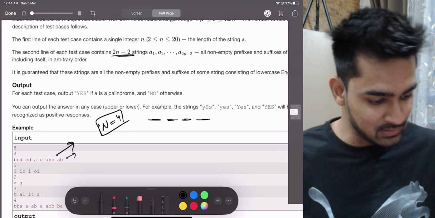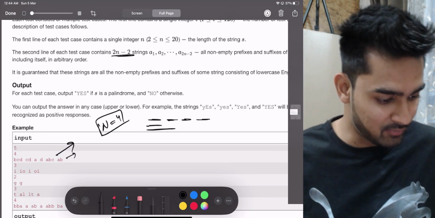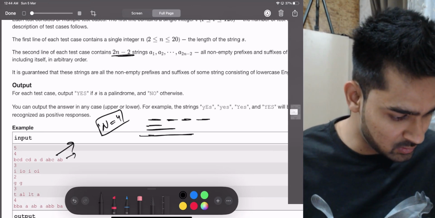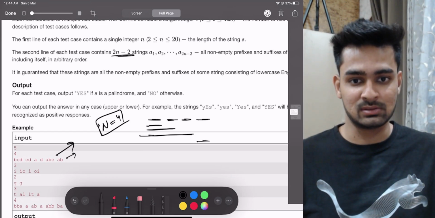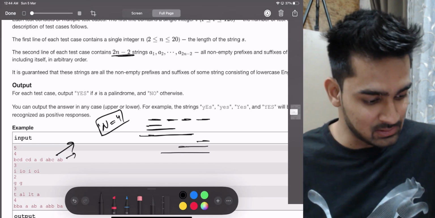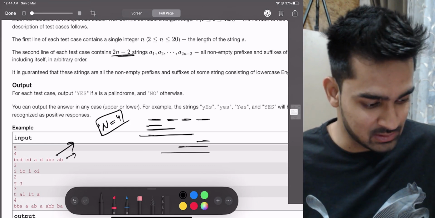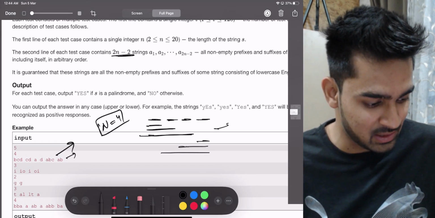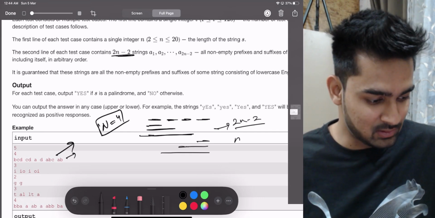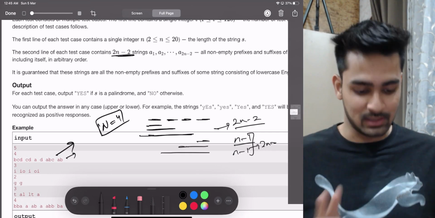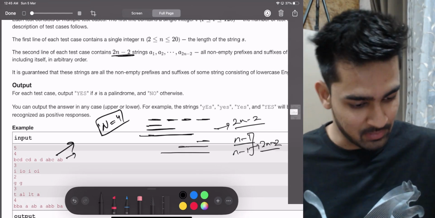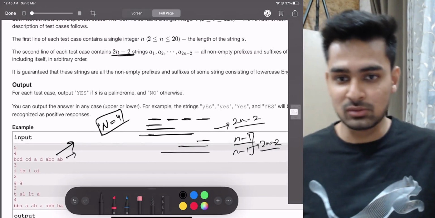Similarly for suffixes, we'll have one suffix, two suffix, and three suffix. So three prefixes and three suffixes in total. That means n minus 1 suffixes, n minus 1 prefixes, total 2n minus 2 strings. I hope this is clear, although this was not required.